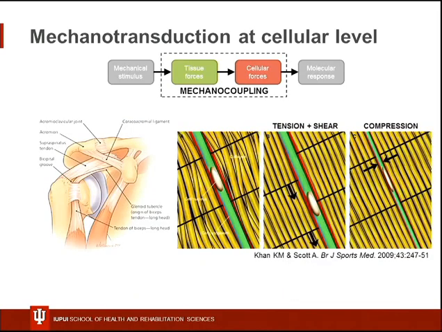For example, if you think about tendons, you think, okay, a tendon is designed to resist tensile forces, so therefore tenocytes embedded in the tendon must be exposed to tensile forces. Well, it's not necessarily the case, because as you contract and there's shearing of the collagen fibers, you get shearing of those tenocytes embedded within the collagen fibers.